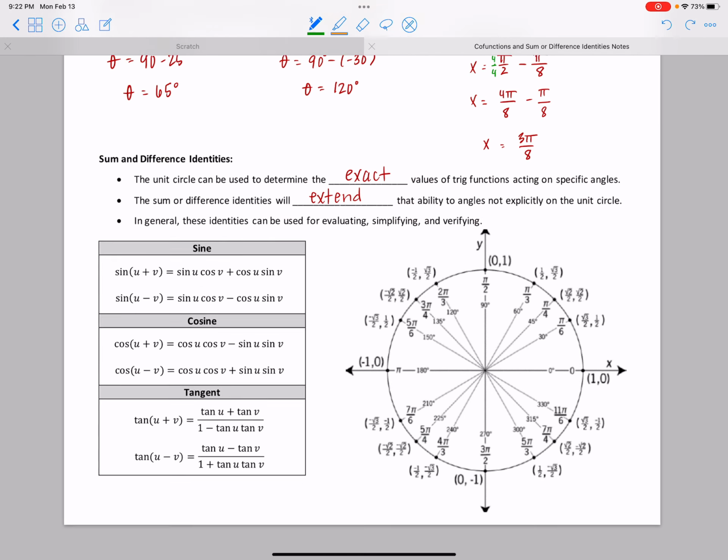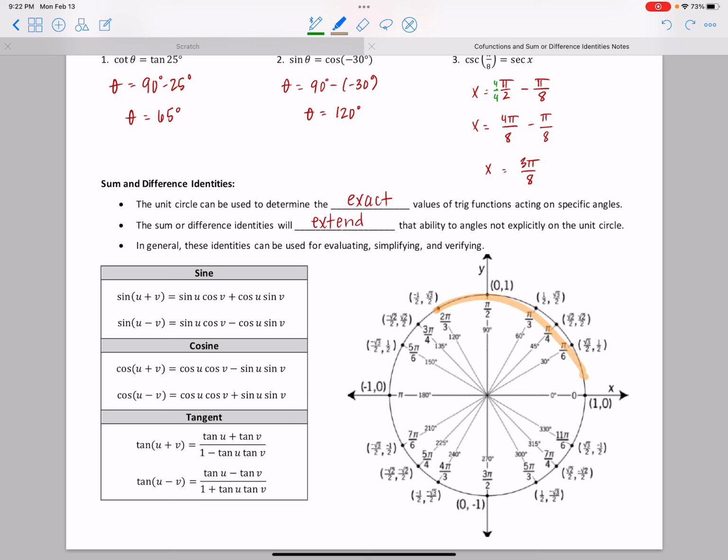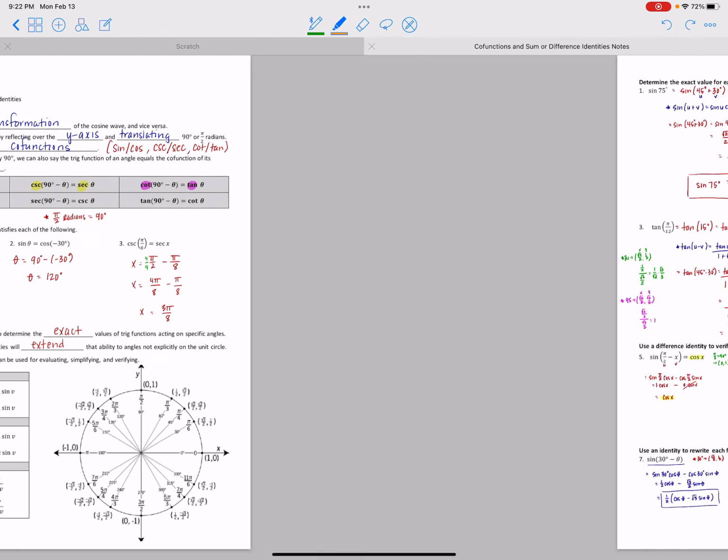3 pi, so we know that 2 pi is 1 lap all the way around, right? So this is 1 pi, this is 2 pi, then 3 pi would be another half of the loop. So 3 pi is really the same as 1 pi. They're coterminal angles. That's 180 degrees.